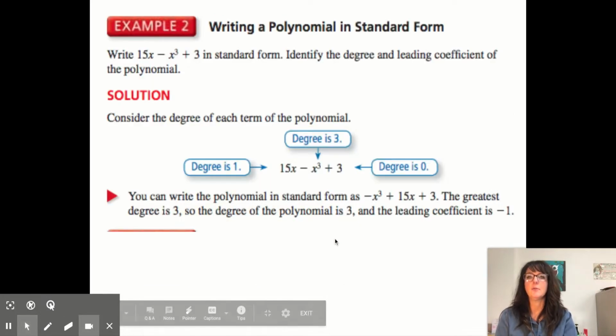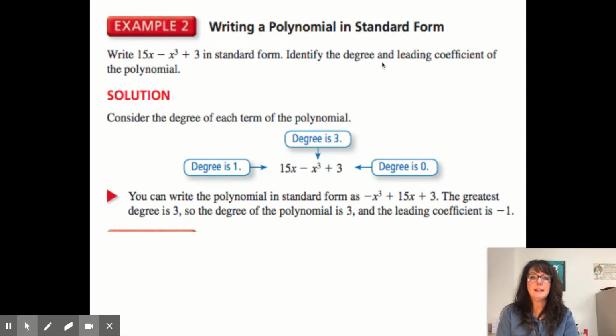All right, so let's keep going. Writing this in standard form, identifying the degree and leading coefficient. The first term, 15x, has a degree of 1. Negative x cubed has a degree of 3. 3 has a degree of 0. So we're going to put them in descending order of the variable, meaning we'll take this x cubed and put it first.